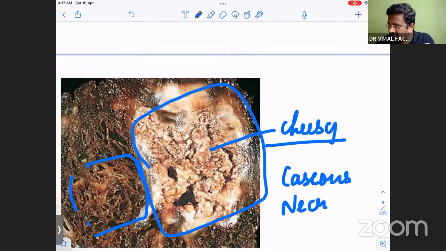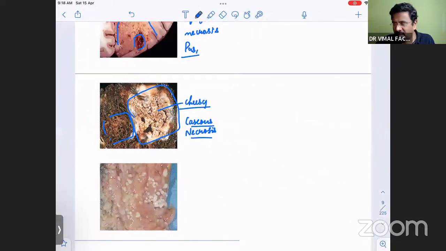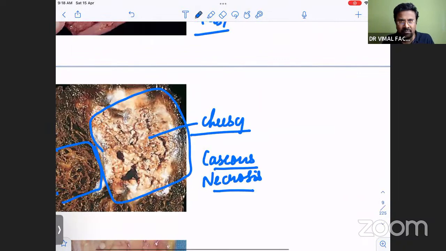If you hear caseous necrosis, you should think of tuberculosis, and also infections like histoplasmosis and coccidioidomycosis. Remember all these together: TB, histoplasmosis, coccidioidomycosis. Histologically, you can see caseous necrosis with granuloma.